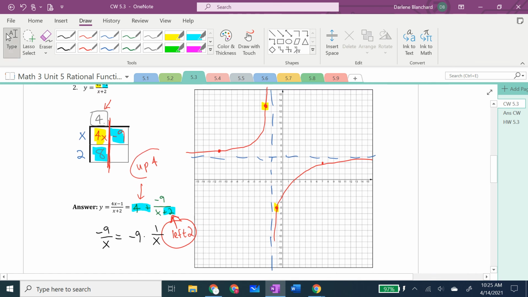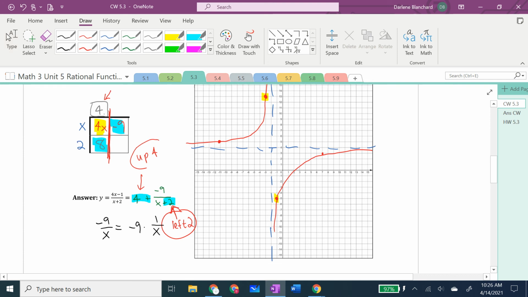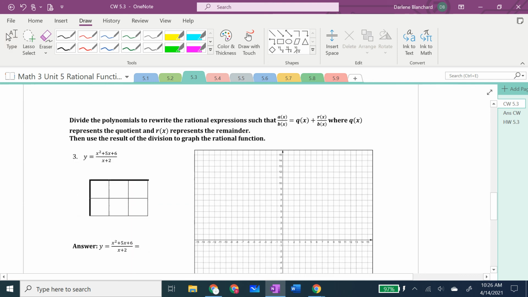And when the test comes around, this could turn into a multiple choice type of thing. But while you're doing your homework, I want you to draw the graphs and experience going through this process. All right, now you might be getting the hang of it.